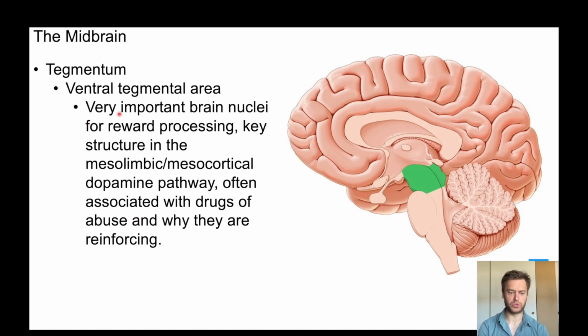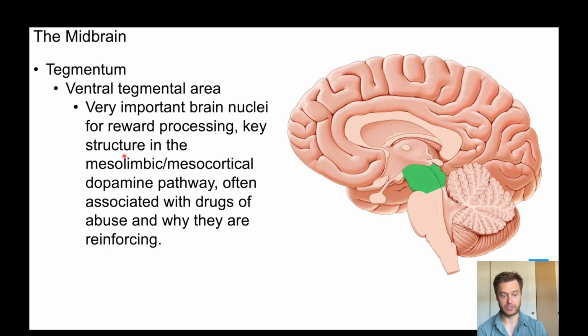And then we have the ventral tegmental area, which is the main nucleus for dopaminergic release in the reward pathway. So I say here that it's a key structure in the mesolimbic and mesocortical dopaminergic pathway. And whether you're saying mesolimbic or mesocortical, that depends on whether you're referring to the ventral tegmental innervation of the nucleus accumbens, which is in the limbic system.